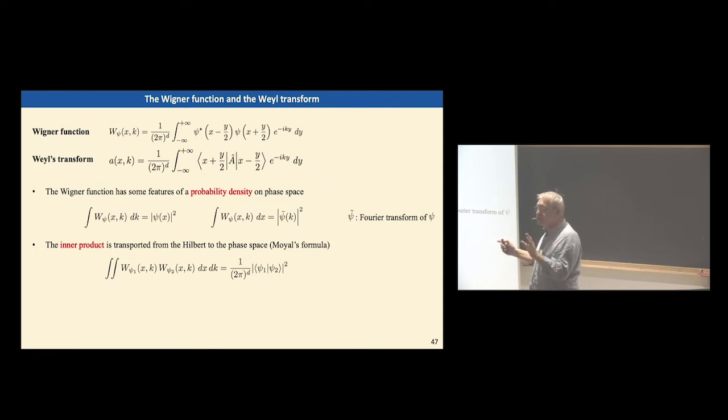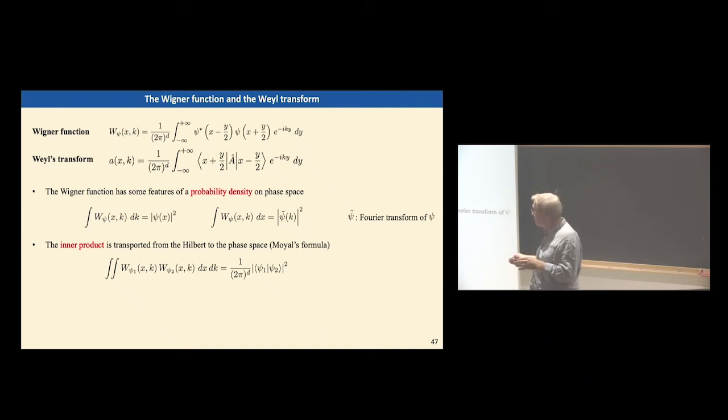Since the Wigner functions are mostly positive, if you have two states that are orthogonal, their Wigner functions are non-overlapping. So they are separate in phase space. The inner product of any two Wigner functions is always positive.